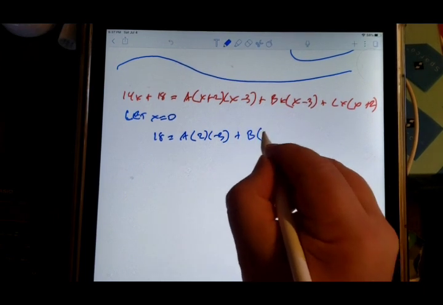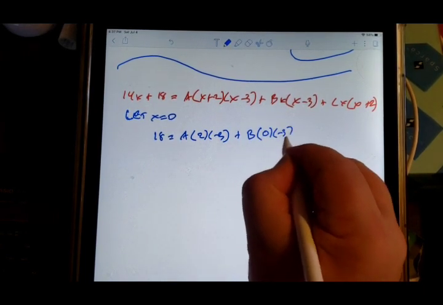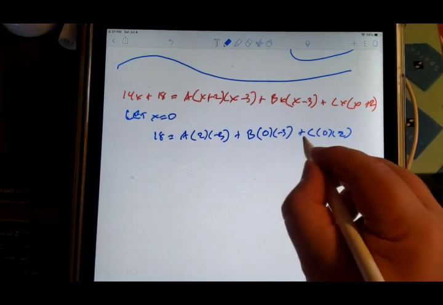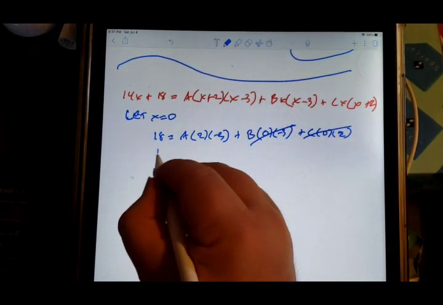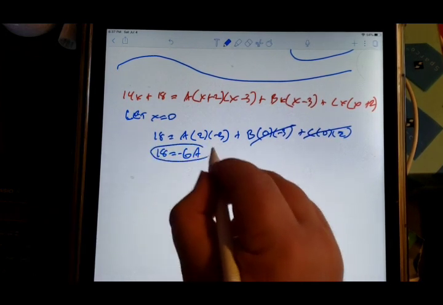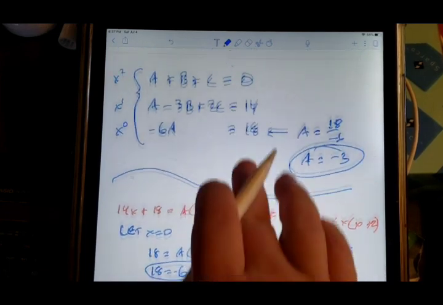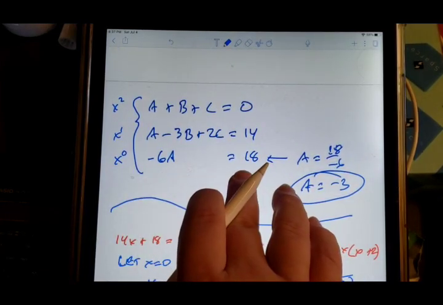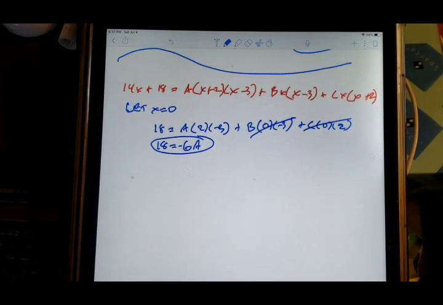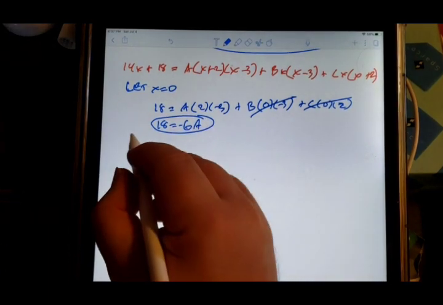But I'd have b times 0 times negative 3, and I have c times 0 times 2. Obviously, those are zeros, and as I predicted, I have the exact same equation that I got earlier using coefficients. So 0 just kind of went over the same numbers. Okay, no harm done though.